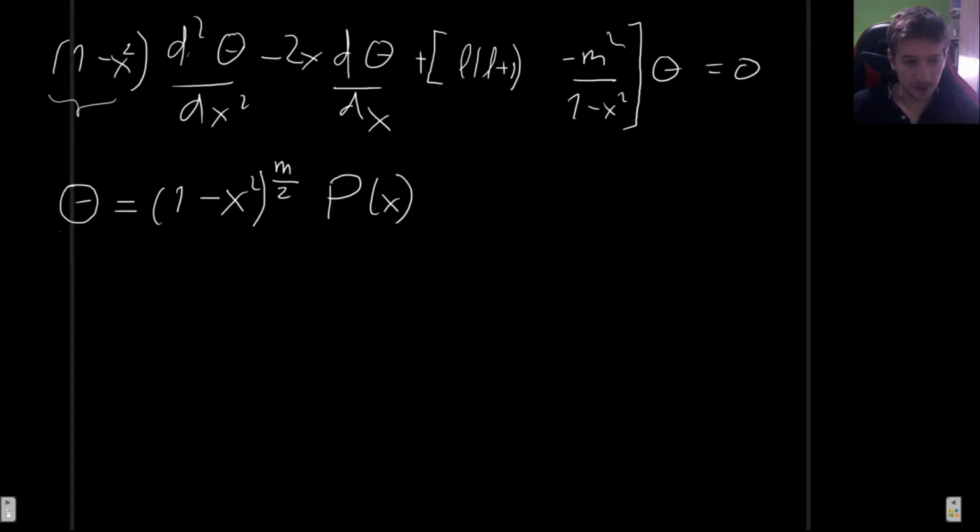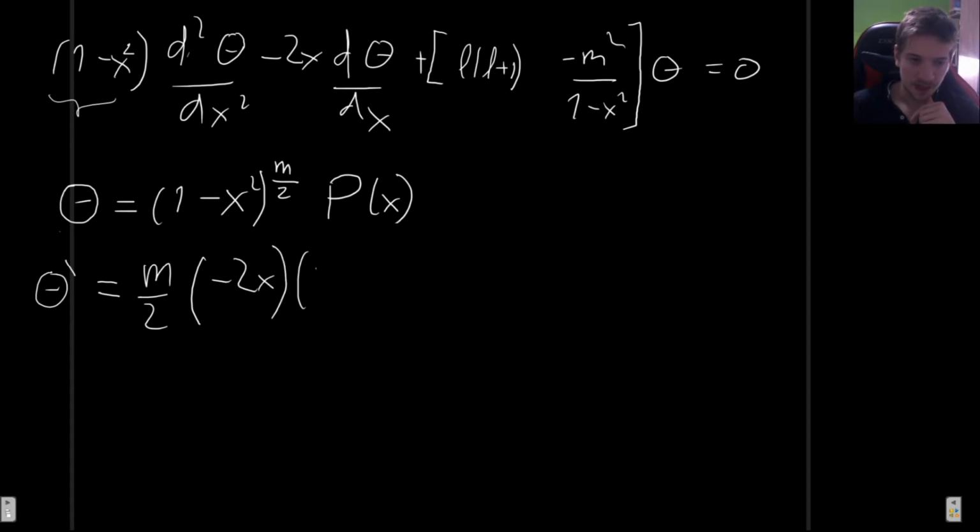Let's do that then. When we take the first derivative, theta prime will be, well, now there's a product rule and here we have to apply the chain rule. So we get m halves times the chain rule from here, so minus 2x times 1 minus x squared to the m half minus 1 power times p.